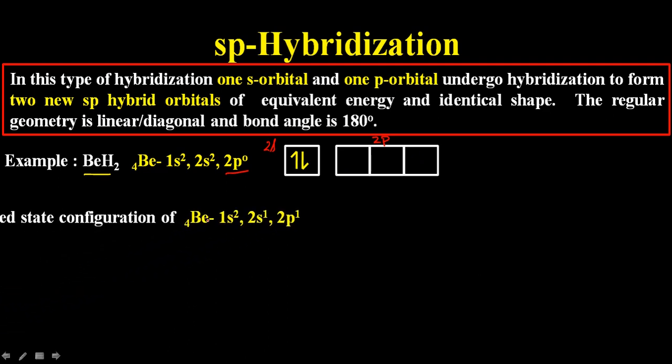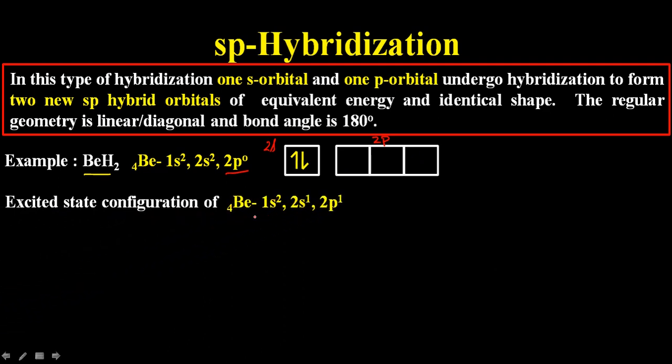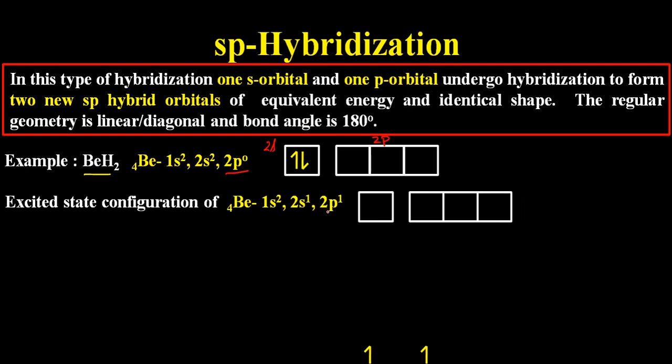When excited, the electronic configuration becomes 1s2, 2s1 and 2p1. So one of the electrons from the 2s subshell is excited to the 2p subshell. So this was the ground state. In this case, we have one electron excited to the 2p subshell.